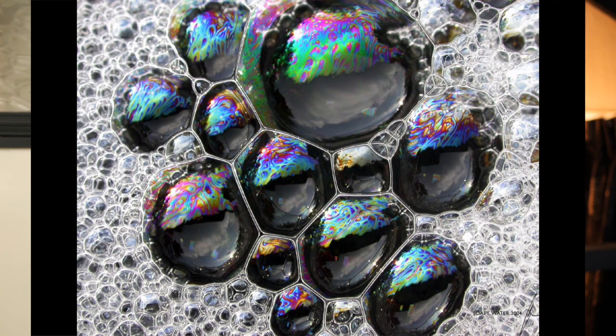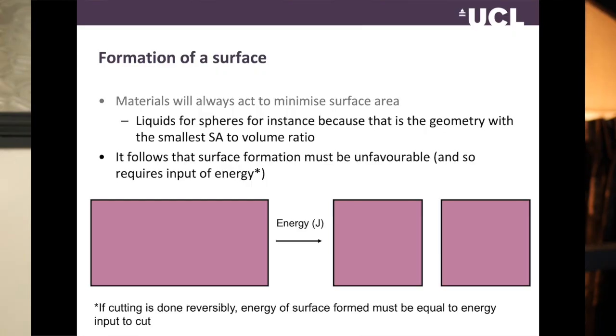So if you look at this photograph of soap bubbles in close proximity, one soap bubble will always form a perfect sphere. And the reason is because a sphere is that shape which has the minimum surface area to volume ratio. So right there, that tells you that surface formation is energetically unfavourable.